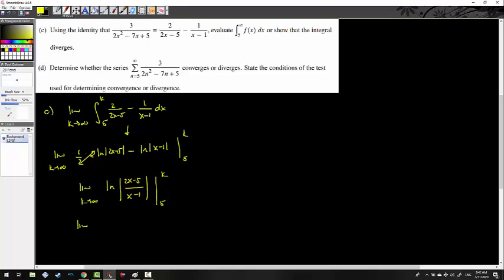Let's go ahead and do the limit as k goes to infinity of ln of 2k minus 5 over k minus 1, minus ln of 10 minus 5 over 5 minus 1.